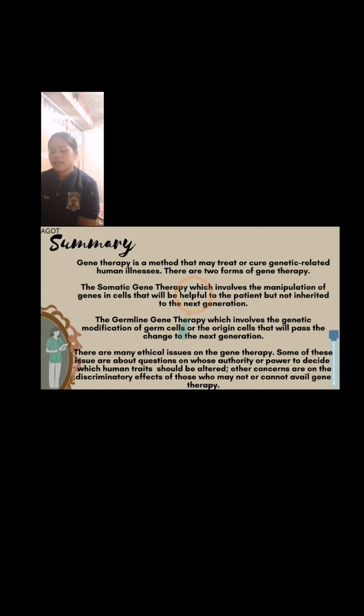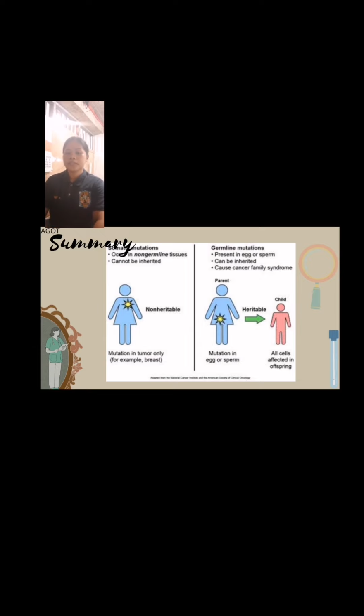And there are many ethical issues on gene therapy. Some of these issues are about questions on whose authority or power it is to decide which human traits should be altered, and other concerns are on the discriminatory effects on those who may not or cannot avail gene therapy. So let's proceed to somatic mutations.